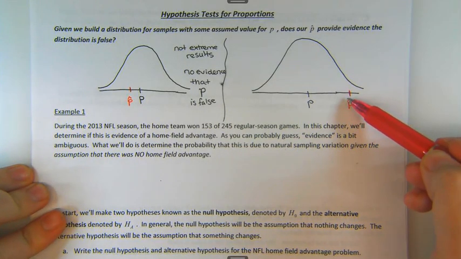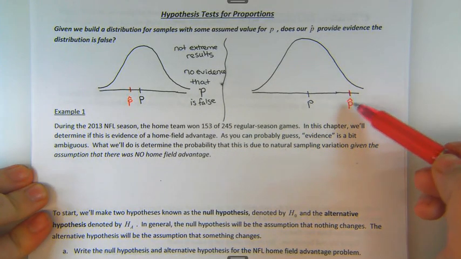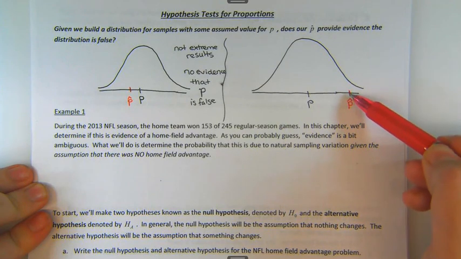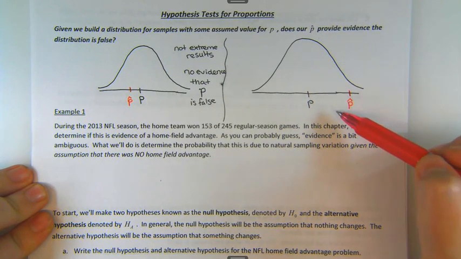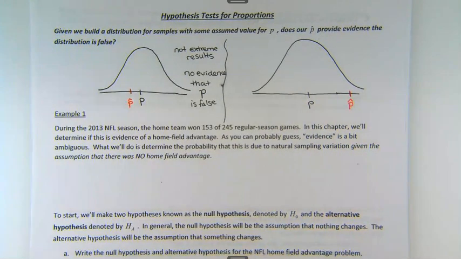Yes, this isn't impossible, and with this section we'll talk about the error that comes through that we could be incorrect in our final statement, kind of like how we talked about with 95% confidence, there's this 5% chance that we're actually wrong. We'll have that here. We'll talk about this percent chance that we're incorrect.